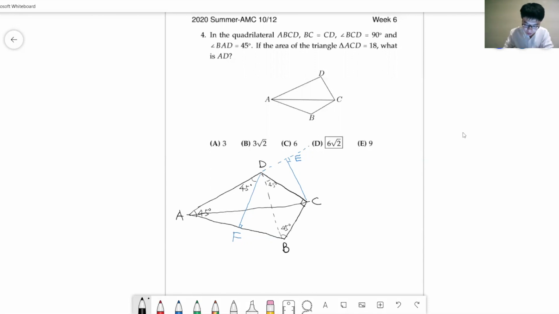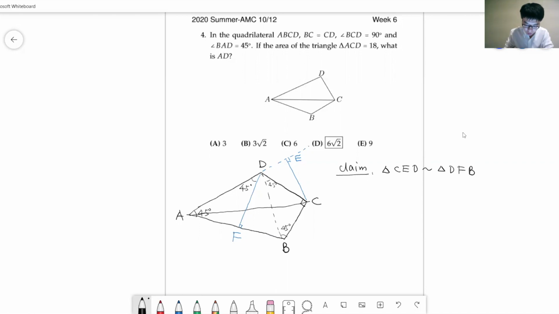Now I claim that triangle CED is similar to triangle DFB. First we know that both of them are right triangles. And also we need to prove another angle is equal.